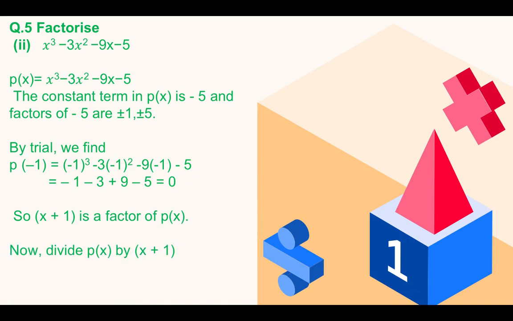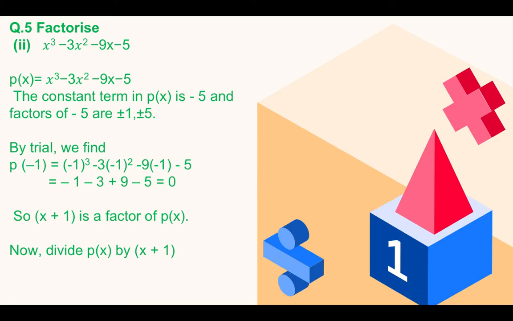Now what will we do? Instead of trying these values one by one, I can simply use the division method also. Let's see the second method. When the constant term turns out to be very large, like 120, you will have several factors, so you have to go for hit and trial several times.